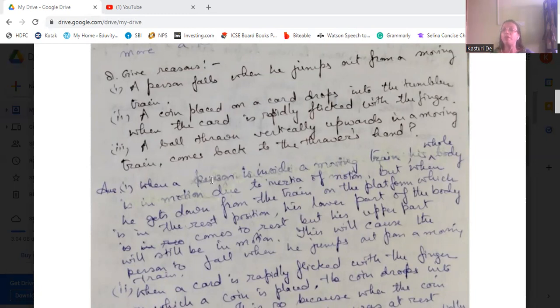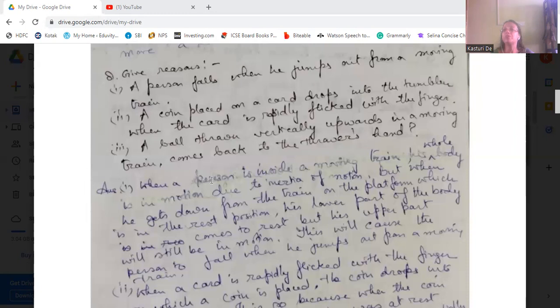See, when the person was in a moving train, his whole body was in the state of motion, especially the lower part of the body. Now, as soon as he comes out of the train onto the platform, which is in the state of rest, his feet touch the platform.